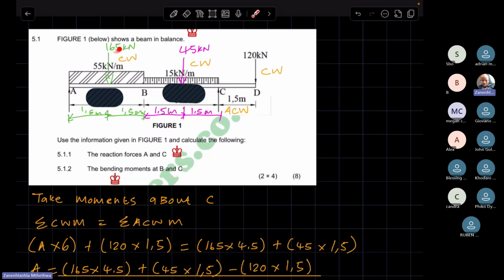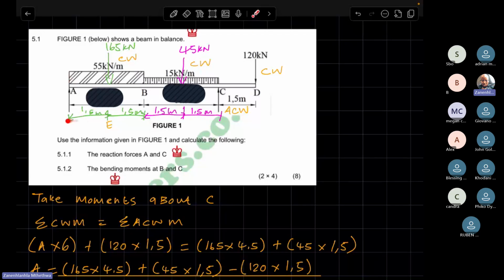As opposed to if say we had a point, say here. If say this was a critical point or you've been asked to calculate the bending moment at this point, then you would have to resolve the weight of the UDL, but only considering this span.